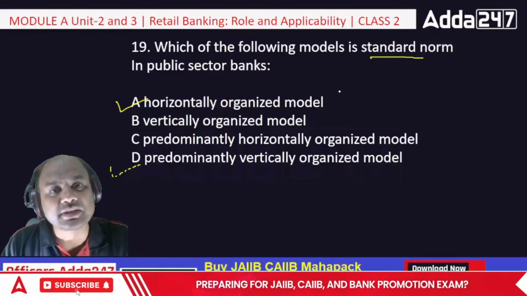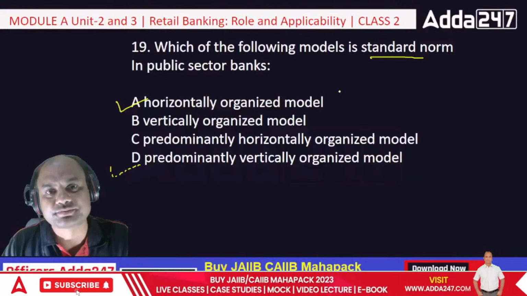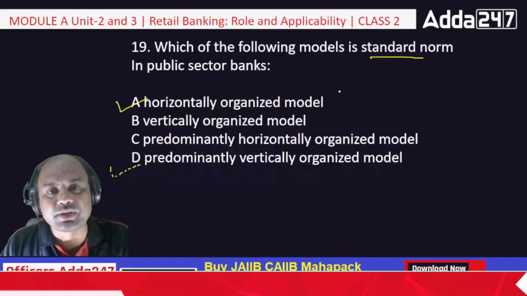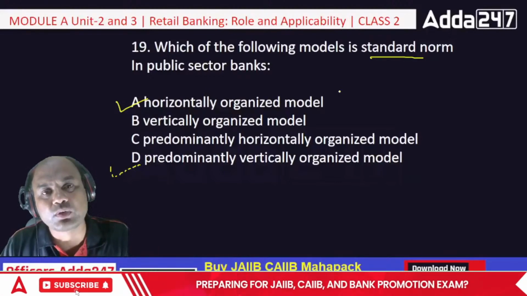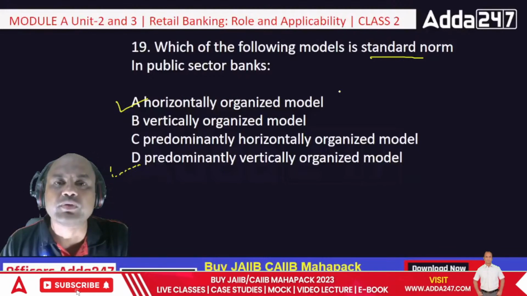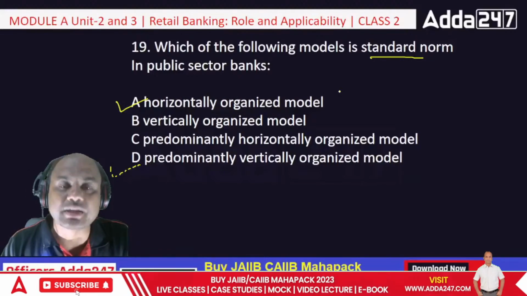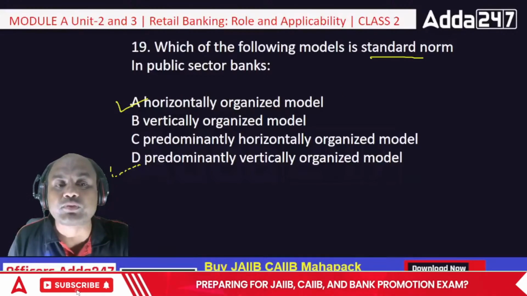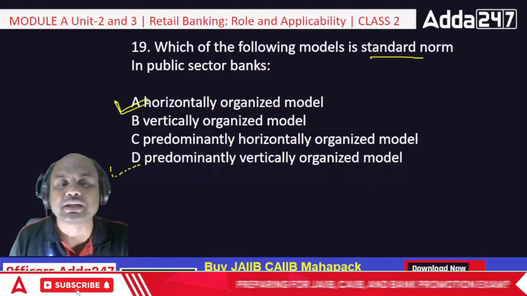In private banks, it's nothing like this. There is no desk. You go to anyone, and that person will serve you savings, home loan, mutual fund, everything. So it is a one window solution for each and every customer. Even now we follow the horizontally organized model in nationalized banks.